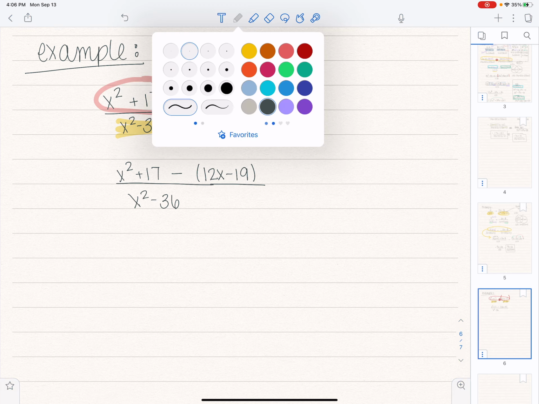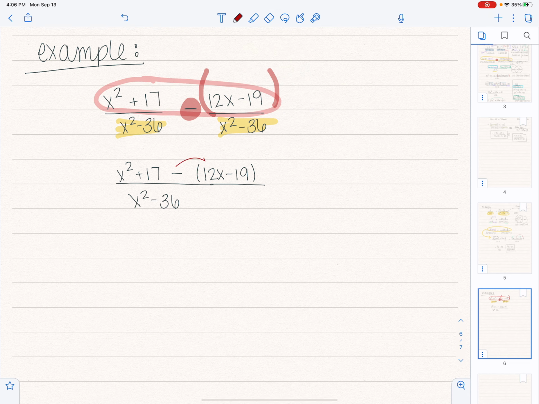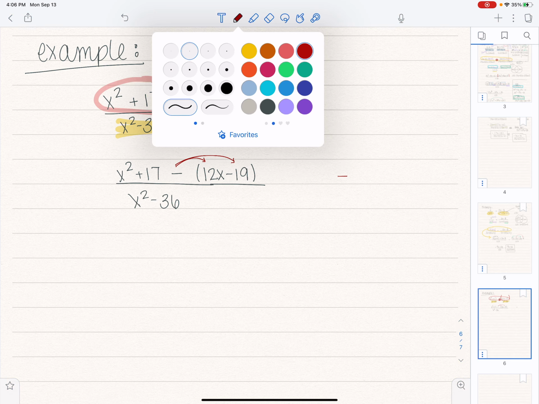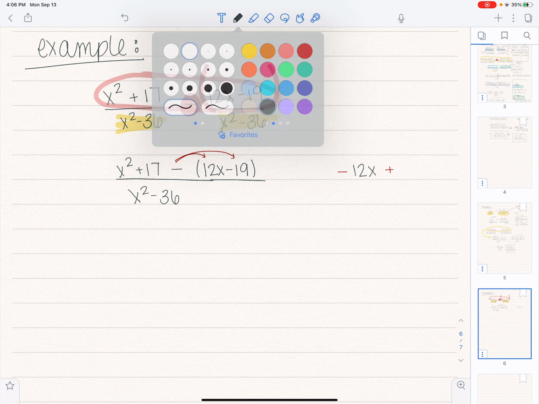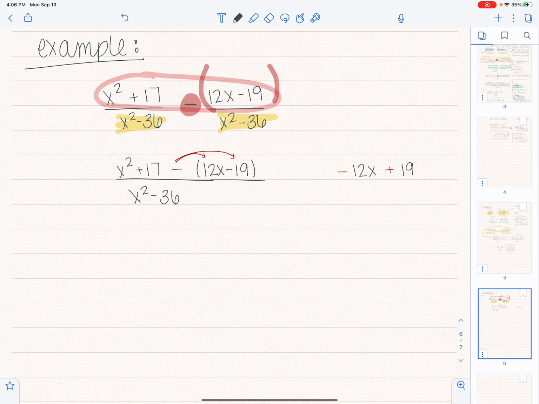So now I'm going to take that subtraction sign and distribute it, which gives me negative 12x, and then negative 1 times negative 19 gives me positive 19. Carry everything else over.